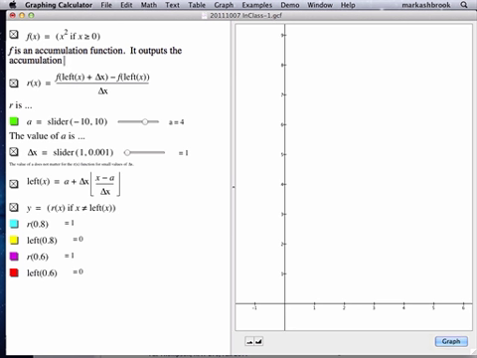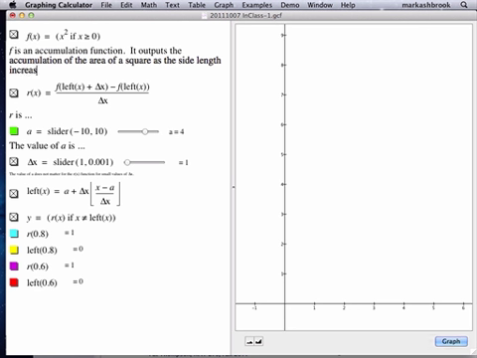So it outputs the accumulation of the area of a square as the side length increased from 0 to 4. 4 was just an example, right? So as we increase from 0 to x.